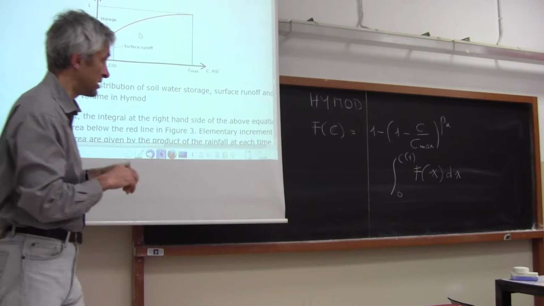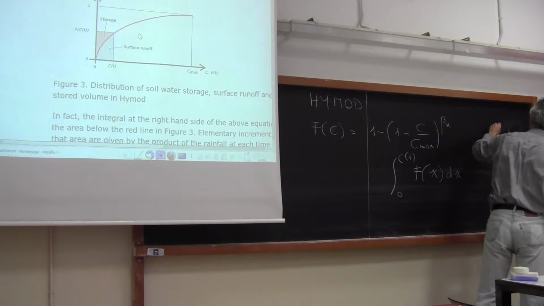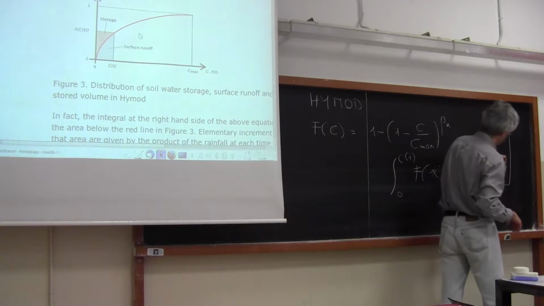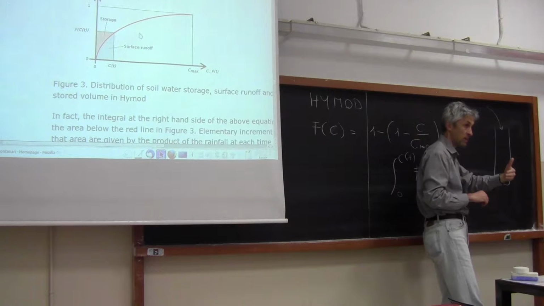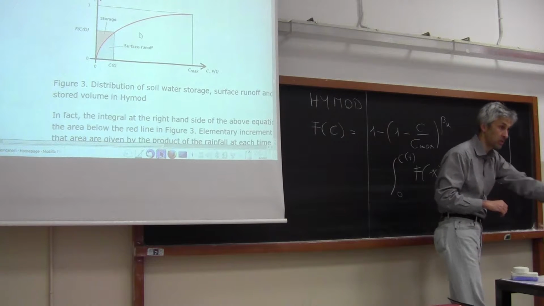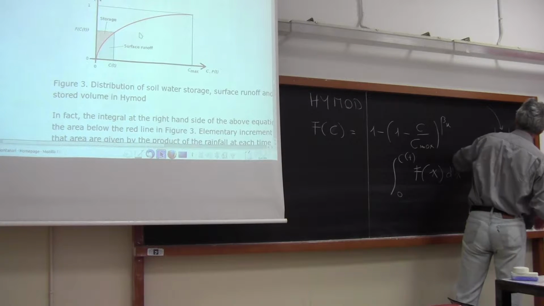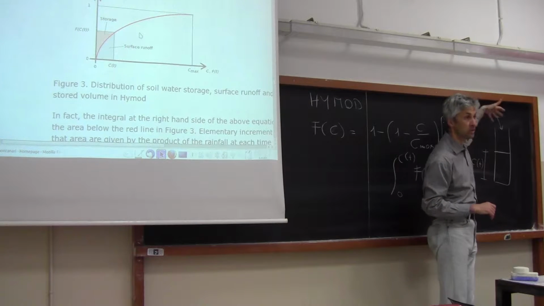Let's look at a soil column. You get some precipitation from the beginning of the event, and then this precipitation infiltrates. The model assumes that everything goes into the soil, and therefore up to time t, you get a value CP, which is the cumulative precipitation.